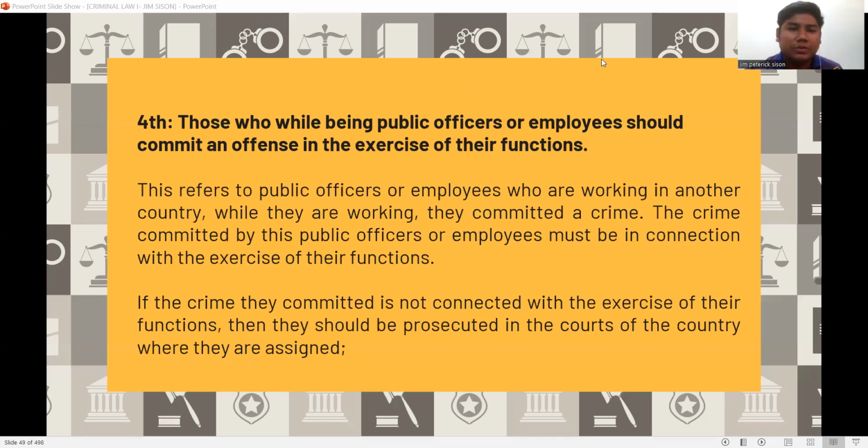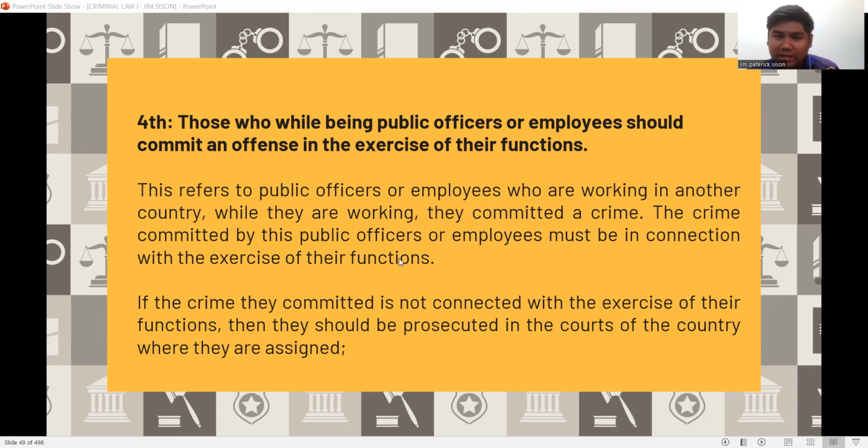So fourth, those who, while being public officers or employees, should commit an offense in the exercise of their functions. So this refers to public officers who are working in another country, and while they are working, they committed a crime in the exercise of their function. And if the crime they commit is not connected with the exercise of their functions, then they should be prosecuted in the courts of the country where they are assigned.